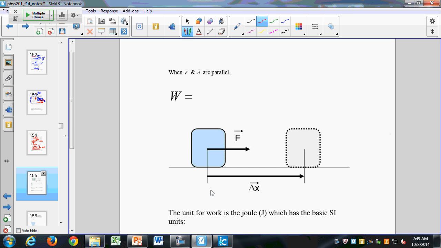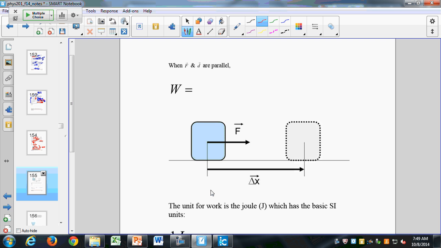Now, when F and D are parallel, that is, they're in the same direction, then this just becomes F times delta x. Because what is the angle between those two, in this case F and delta x? It's 0, right? And the cosine of 0 is just equal to 1. So sometimes when our force and our displacement are in the same direction, I'll just write it like that.